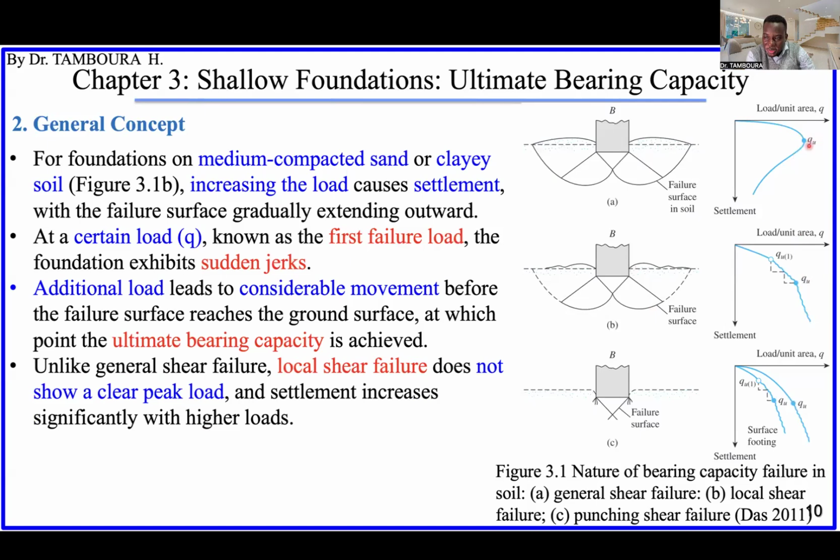Here we can see the peak of load clearly, but this one, there is no clear peak of load. Okay. And the settlement will increase, like there is a considerable increase of settlement if the load is high. Okay.